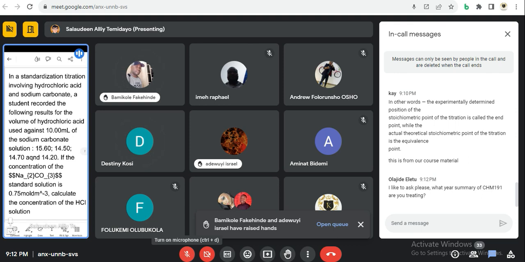Now you use V_A over V_B, C_A over C_B equals n_A over n_B. No, don't divide it. Let it be volume of the base used, V_B. Don't bother to divide anything. Just take it as V_B straight, 10 milliliter.